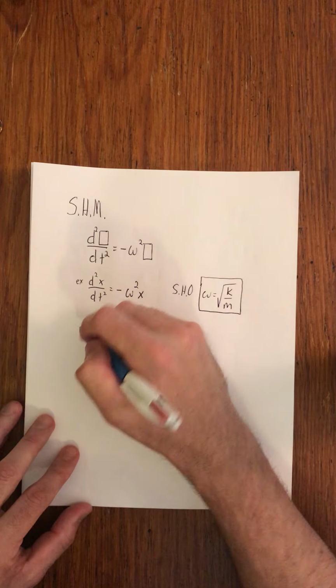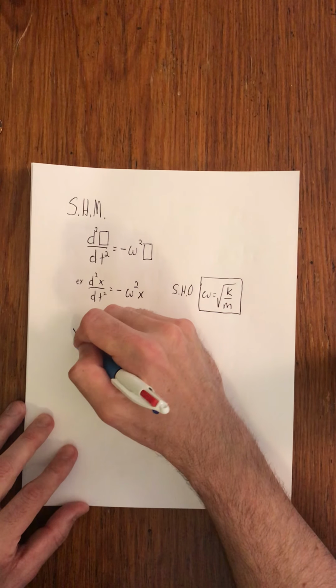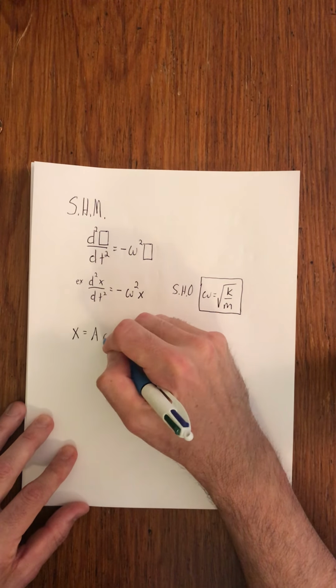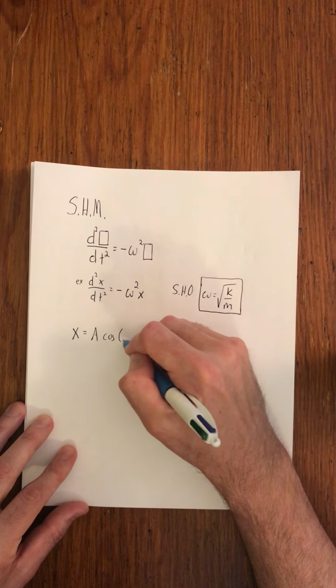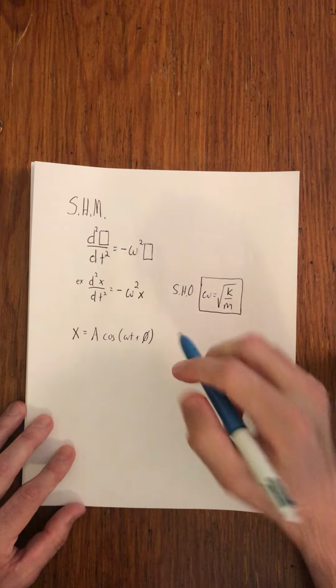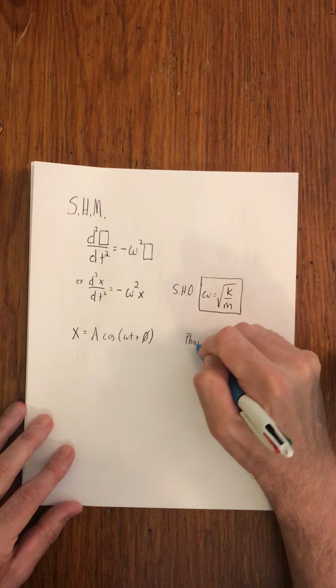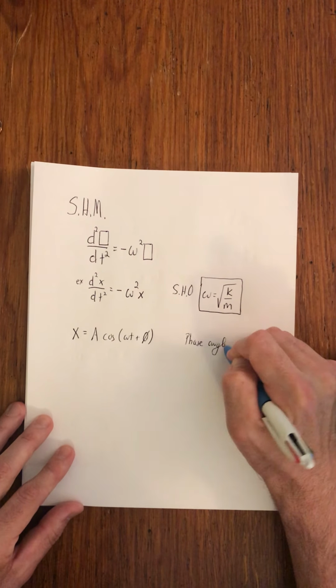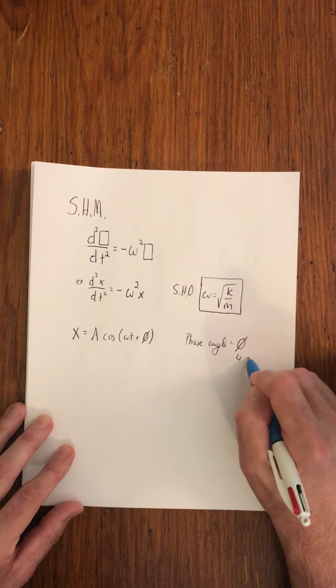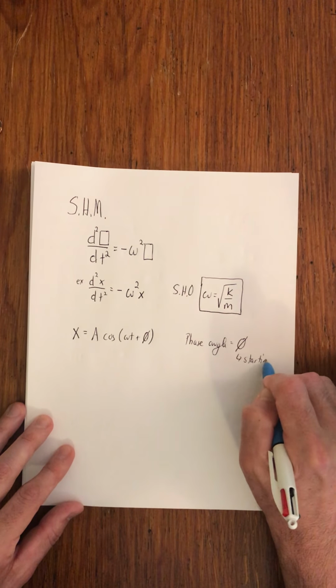Now, that generated the following equations of motion: x was equal to A cosine of omega t plus phi, where phi is the phase angle, and that phi was determined by the starting position, right?